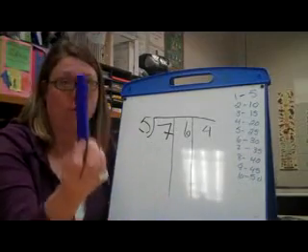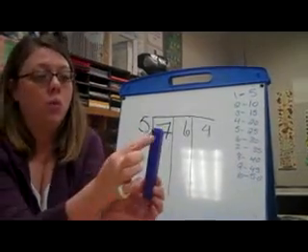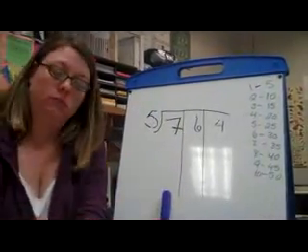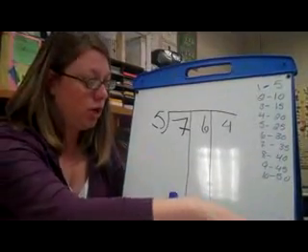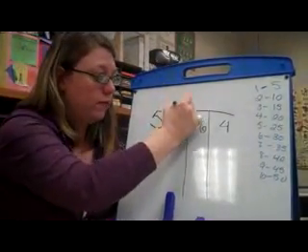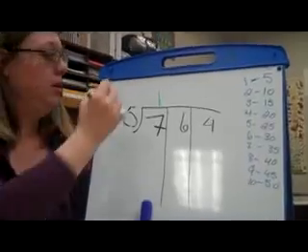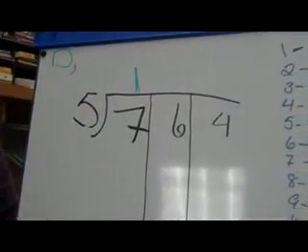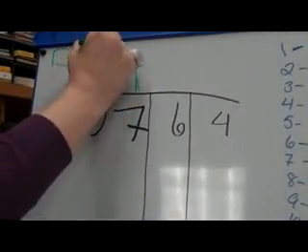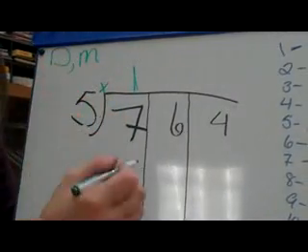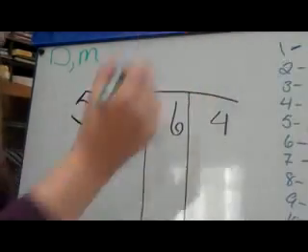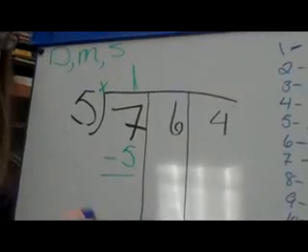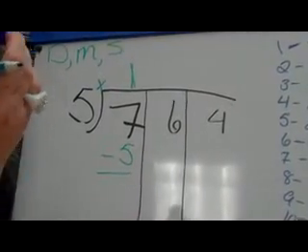If I have 2 fives, I have 10. 3 gives me 15. 5 times 4 gives me 20. 5 times 5 gives me 25. And we're going to go all the way to 10. You won't need anything over 10 for division. 9 fives is 45. 10 gives us 50. All right, I think we're ready to get started.